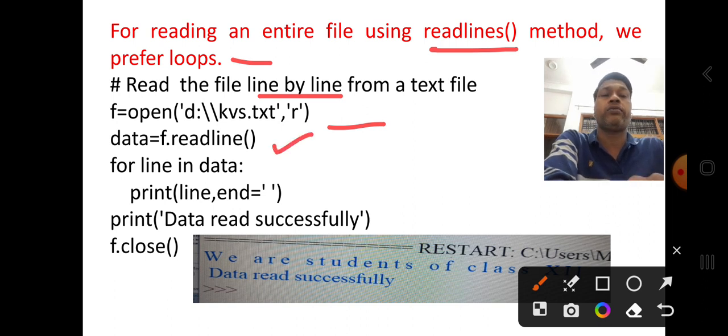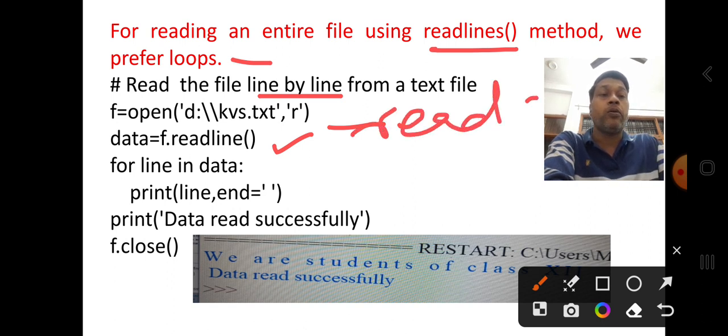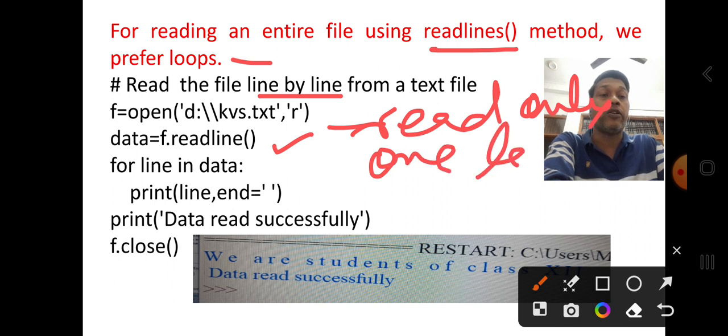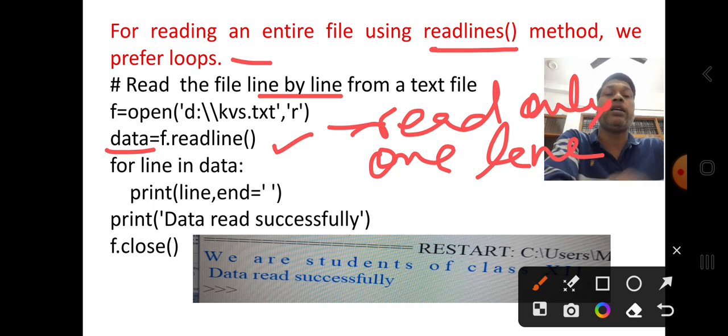Here we are using the readline function. It reads only one line, and the reference is data. Data is the reference for line in data. Line is a variable, and it will refer to data where your first line is read.